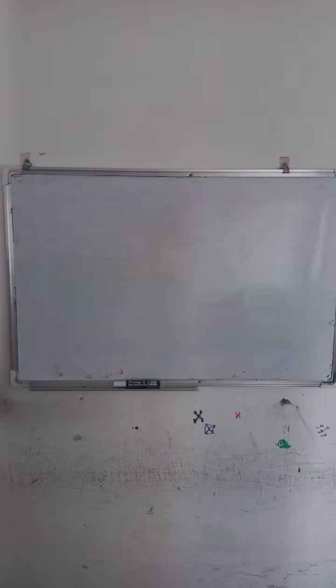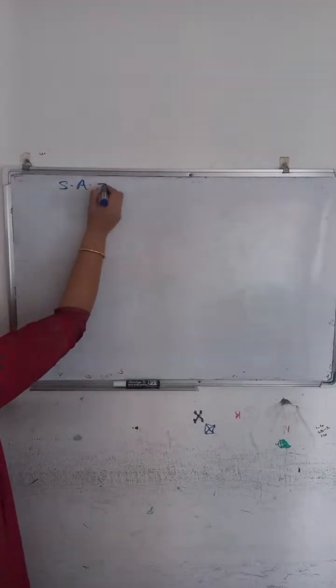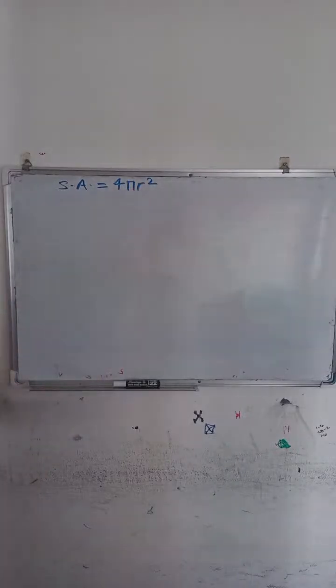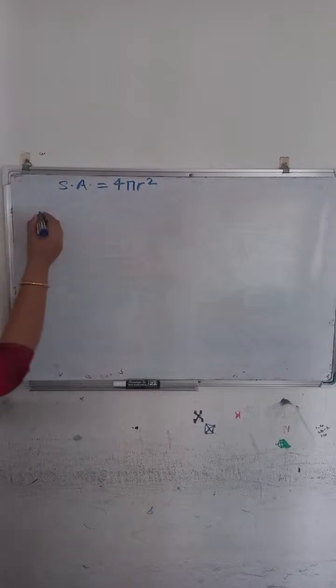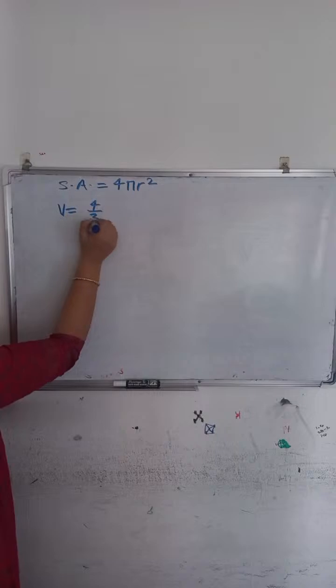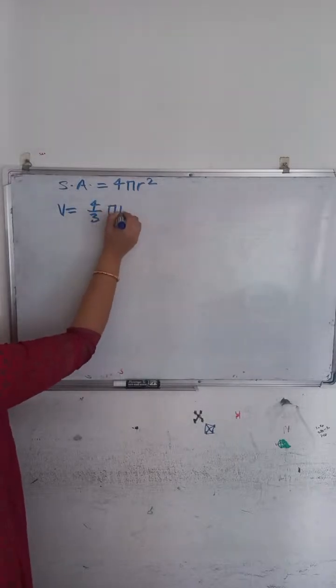So they are talking about the sphere. Sphere is having a volume. What are they asking? They are asking for surface area, no? Surface area of the sphere is nothing but 4 pi r square, and volume of the sphere is nothing but 4 by 3 pi r cube.